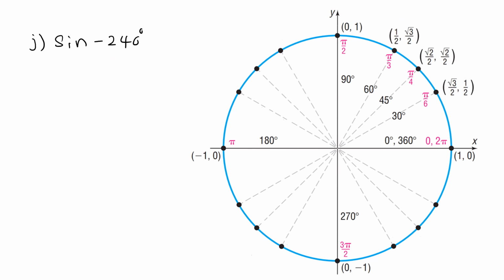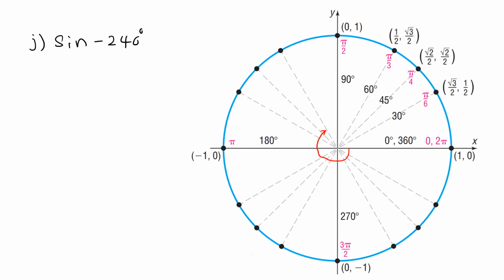And then let's do the last one, j, which is sine of negative 240. Again, it's negative, so it's going to go clockwise. 240 is 180 and an extra 60.